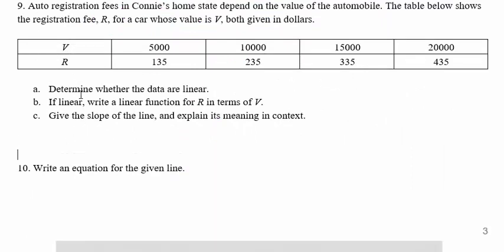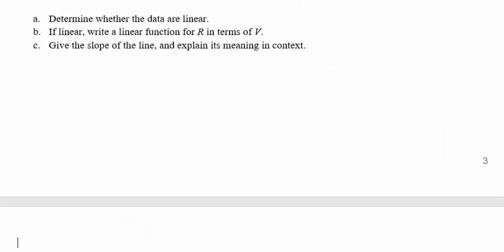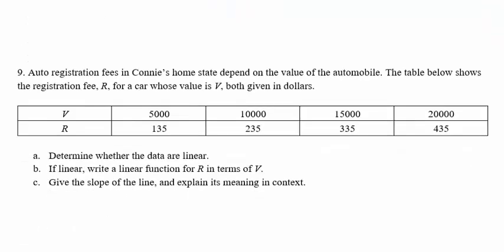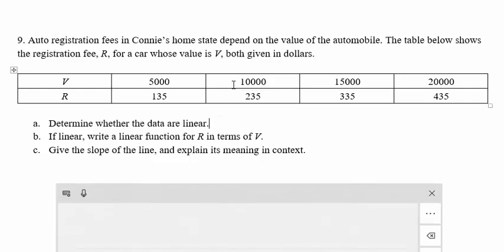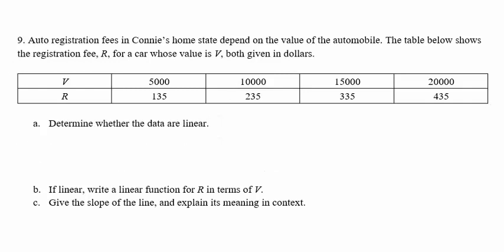Okay, let's take a look at number 9. It says auto registration fees in Connie's home state depend on the value of the automobile. The table below shows the registration fee, R, for a car whose value is V, both given in dollars. So we want to determine whether the data are linear.